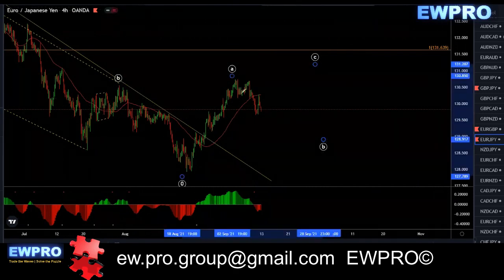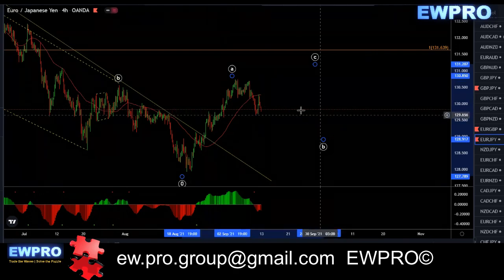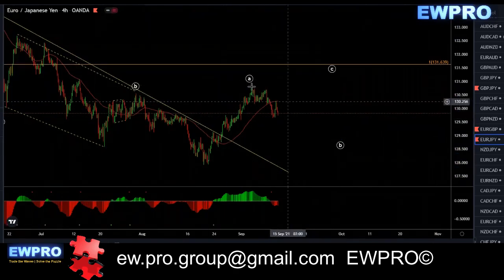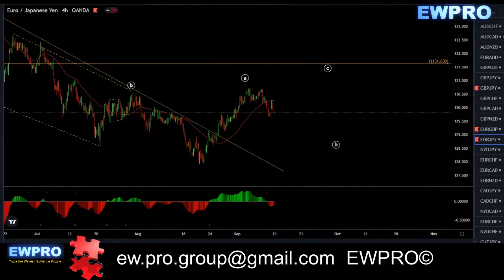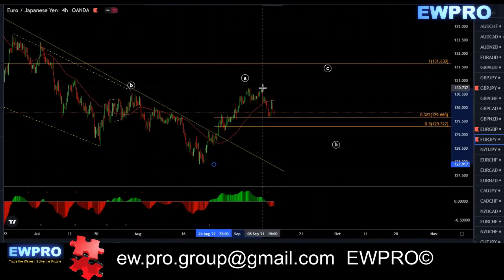We just don't know. This can do all sorts of crazy stuff in the B wave before we get that C up. So wait for a nice buy setup before you look for that buy, because more than likely this correction is going to be quite large. We can draw our fibs.